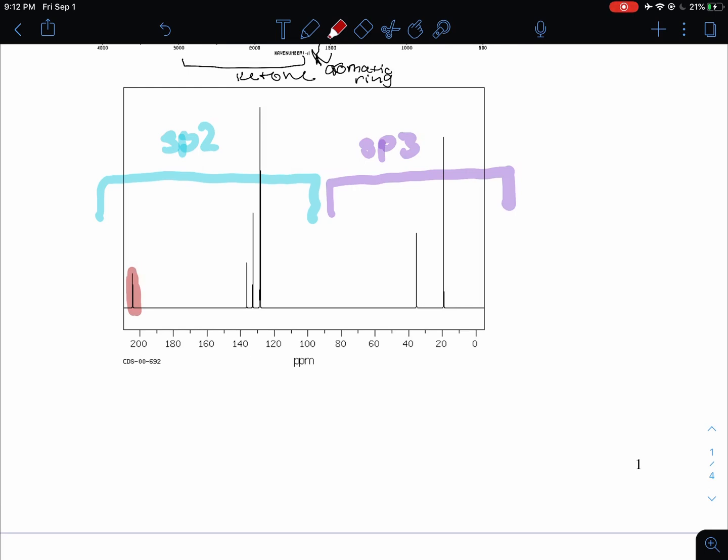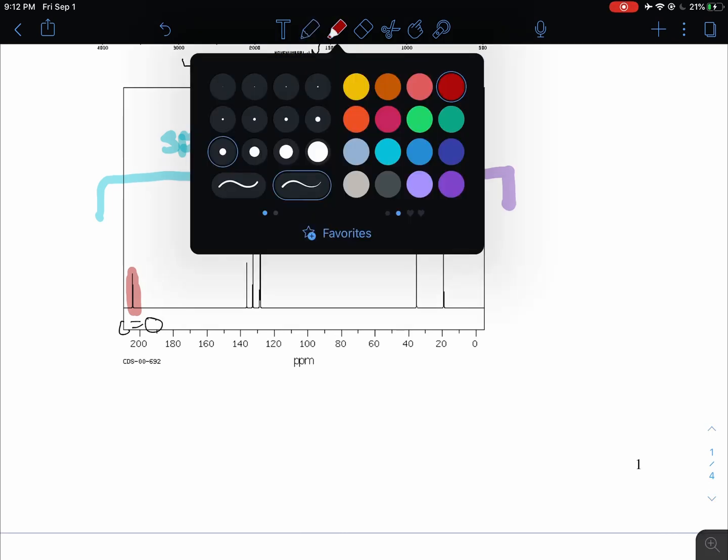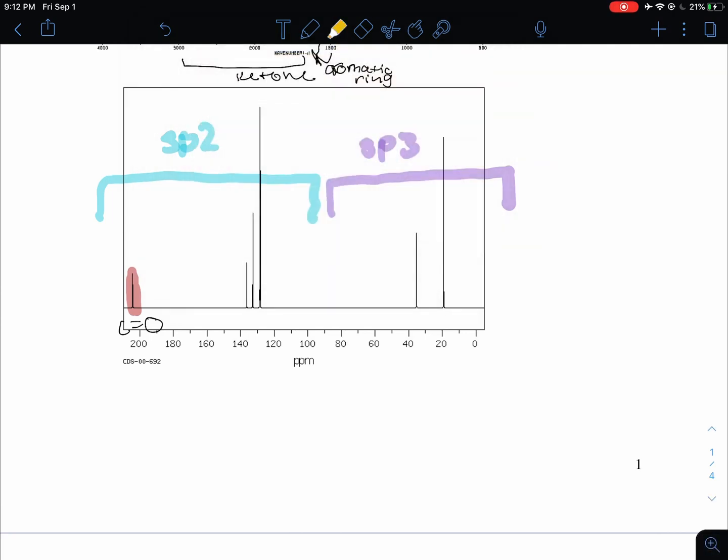This spike right at 210 tells us that one of the unique carbon groups is a C double bond O. This group right here between 120 and 140 is common for our aromatic ring, which is 6 of the carbons.